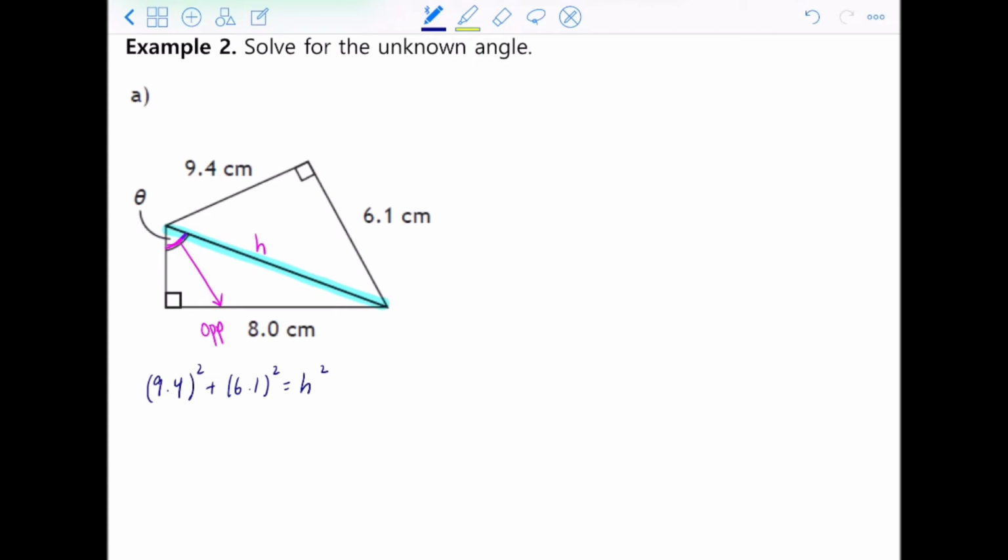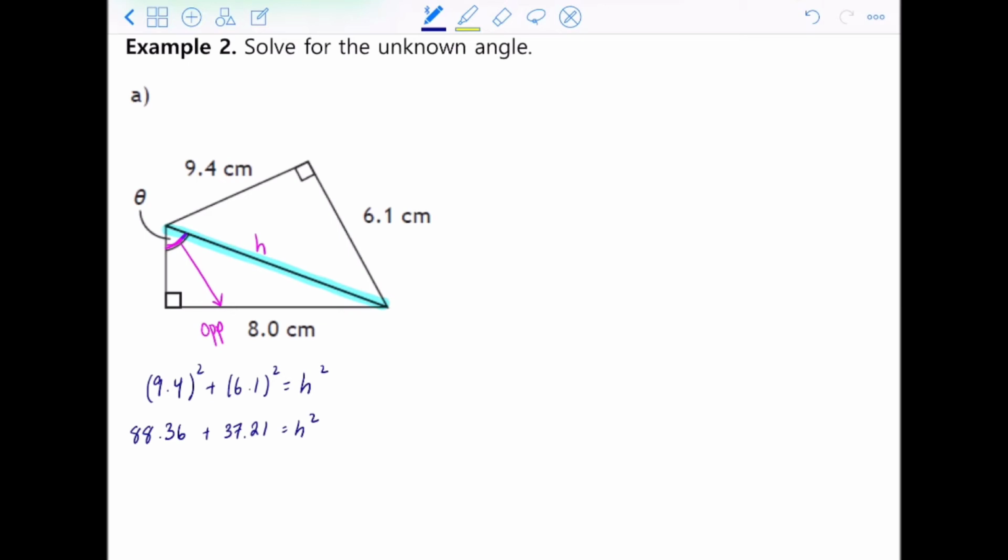So 9.4 squared is 88.36, and 6.1 squared is 37.21, and this equals h squared.